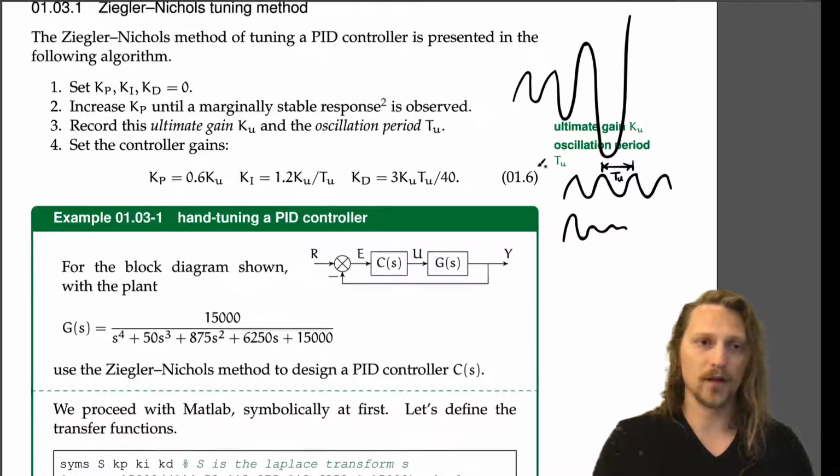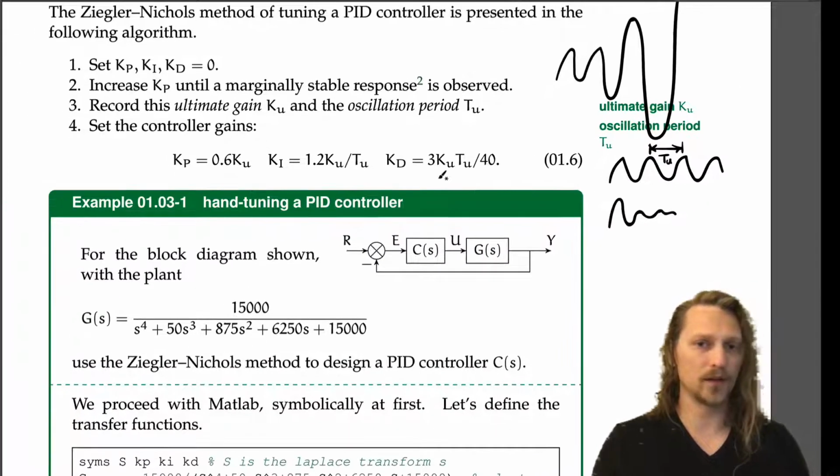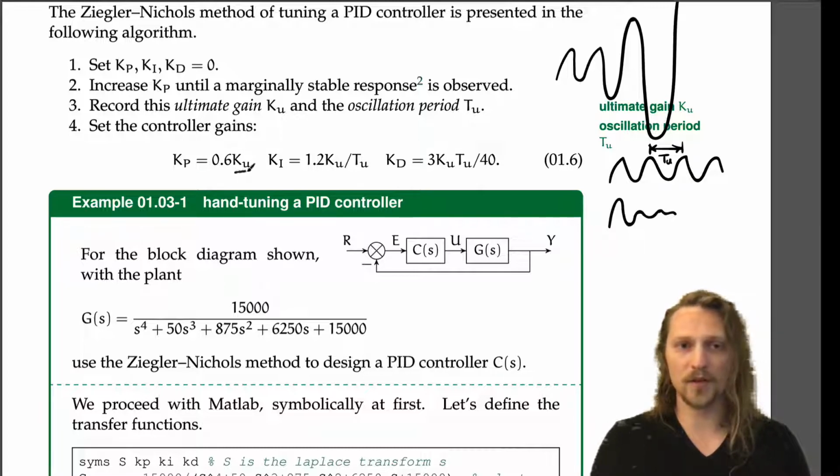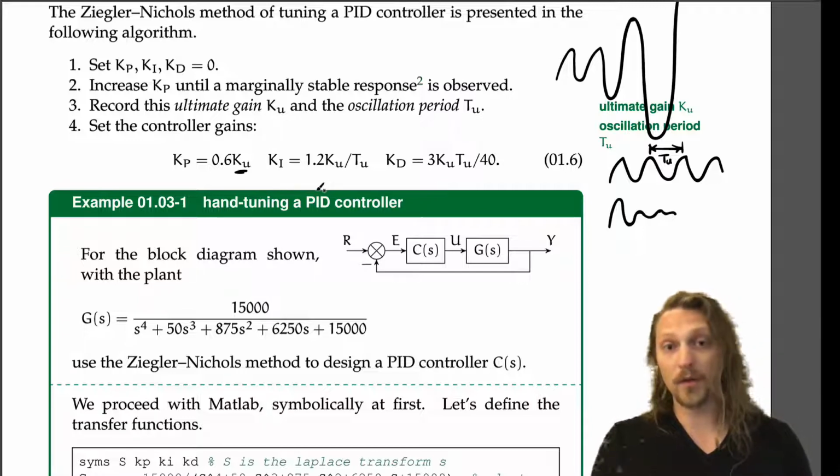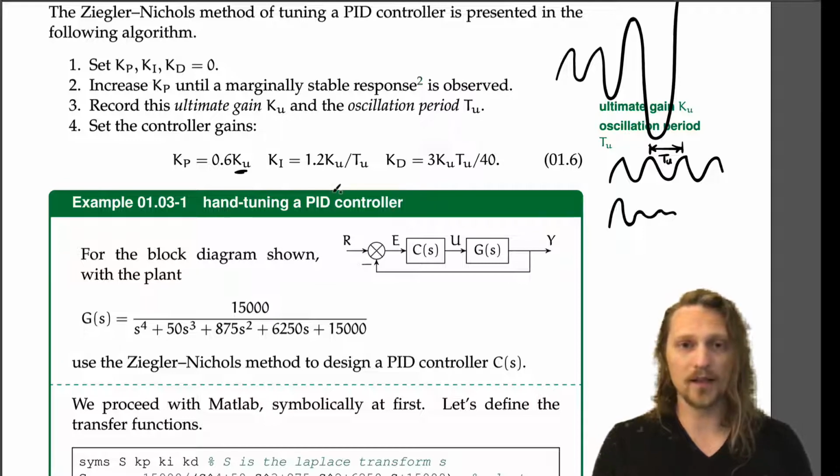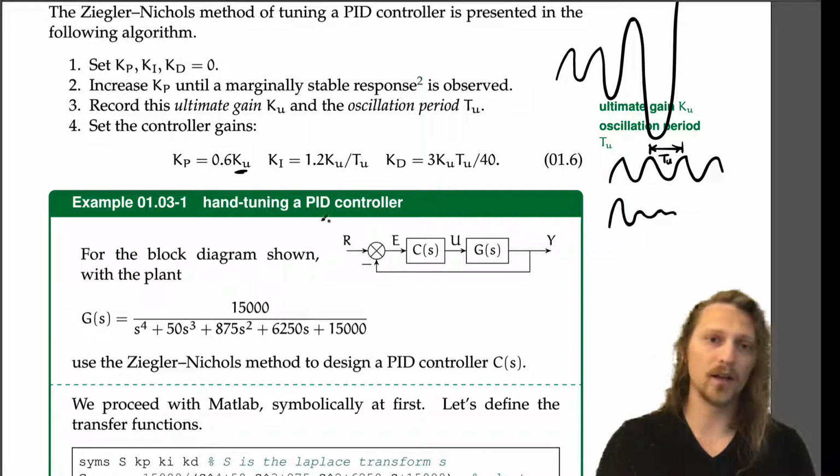Then step 4 in the algorithm is to set the controller gains. We set the proportional gain to 60% of the ultimate gain, so we'd back it off a little bit. Then we increase Ki and Kd from 0 to values that depend on Ku and Tu.